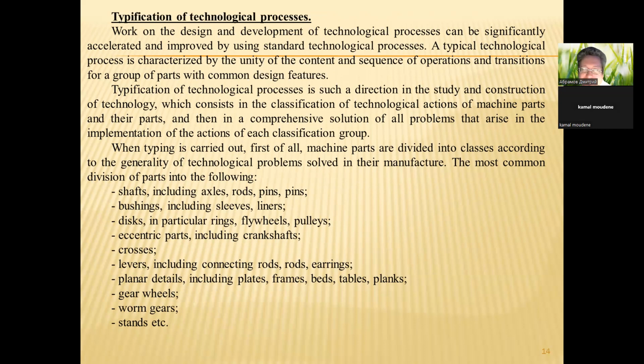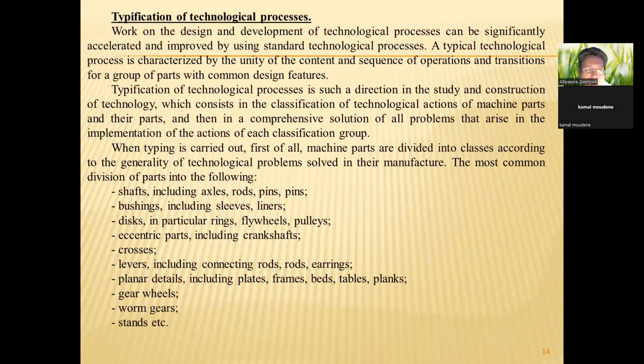A typical technological process is characterized by the unity of the content and sequence of operations and transitions for a group of parts with common design features.